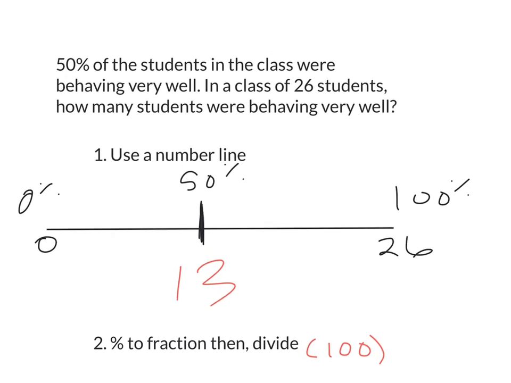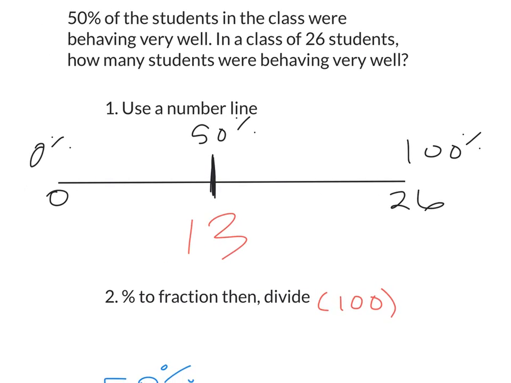So let's go back to this. Let me eliminate some of this stuff here because we already know about 13, and let's leave the 100 there. Oh, it brought everything back. Okay. Now, what if I changed it?